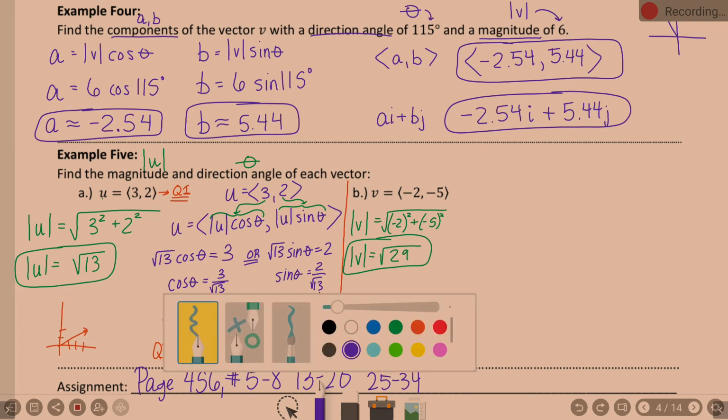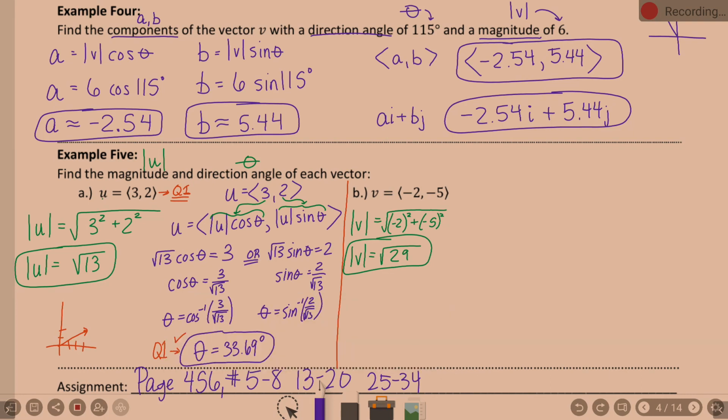Okay. Now, our vector is -2, -5. What am I doing next? The direction of each one. In order to find our direction angle, we've got to set one of these components equal to something that would represent the horizontal or vertical component.